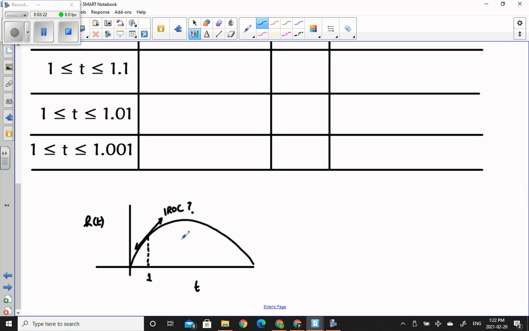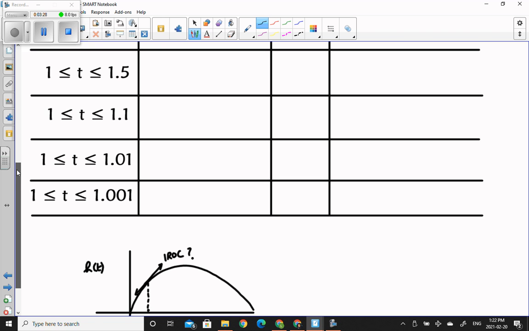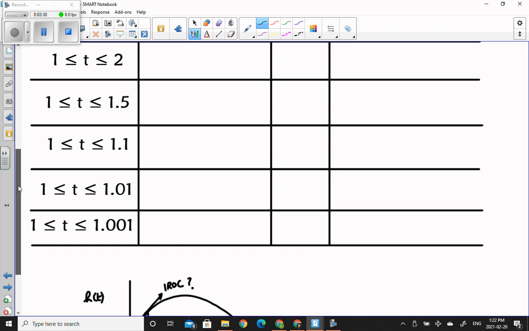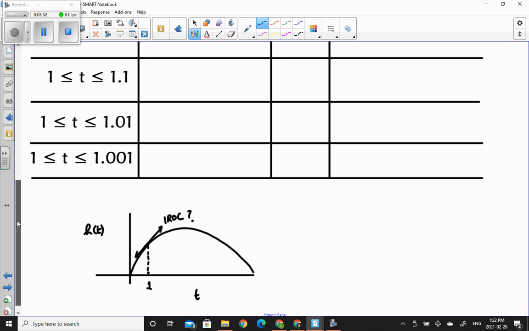What we're going to do is take values that are very close to 1. All the values we're going to take are to the right of 1. Let's say this is another point to the right of 1, this is 2 seconds. Then we're going to find the slope of the secant line that connects these 2 points. Then we're going to get closer to 1 on the right side.